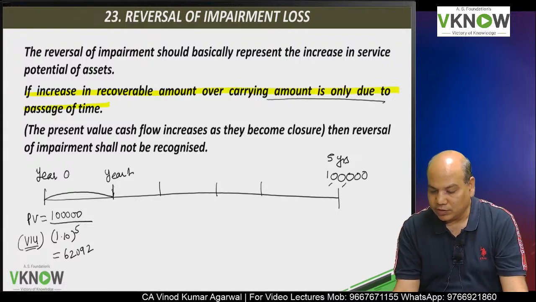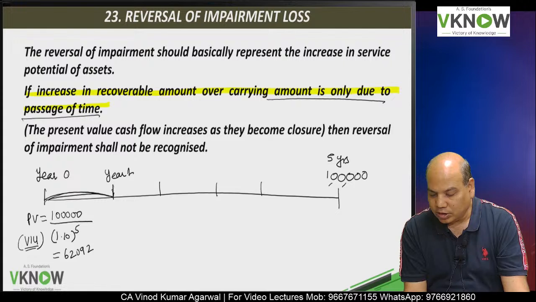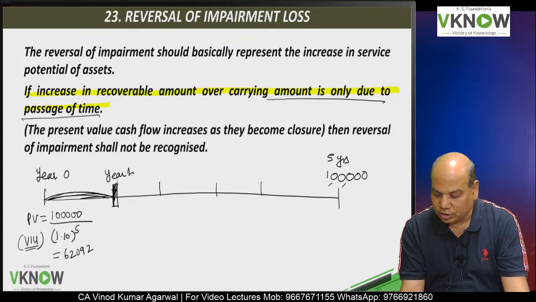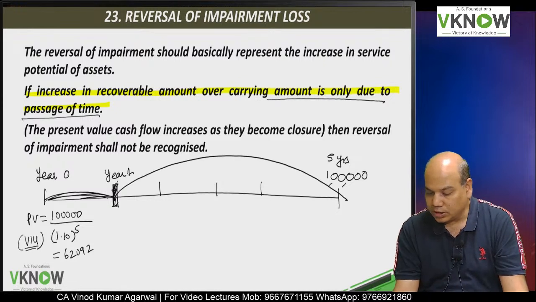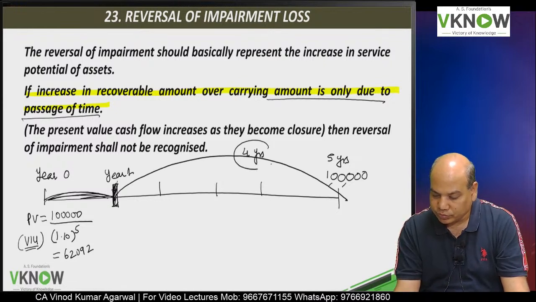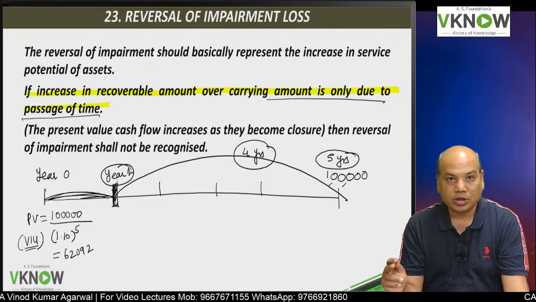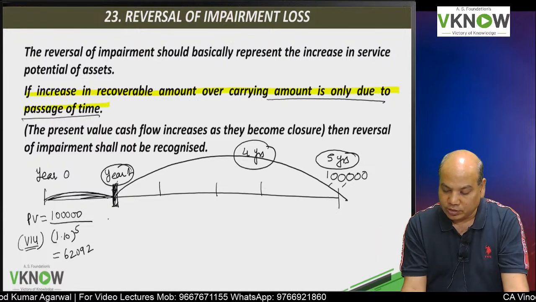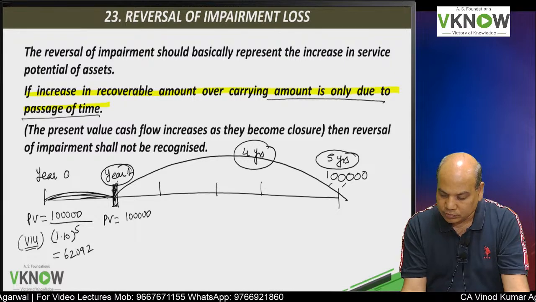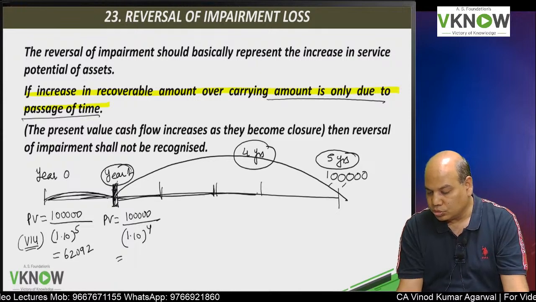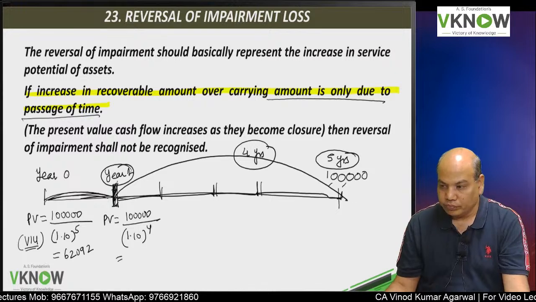If I go to year 1, 1 year has passed and now I am standing here at the end of year 1. Now the gap is only 4 years. Gap between end of year 1 and end of year 5 is 4 years. Again if I compute the present value, now the present value will be 1 lakh divided by 1.10 to the power 4, because the gap is only 1, 2, 3, 4.